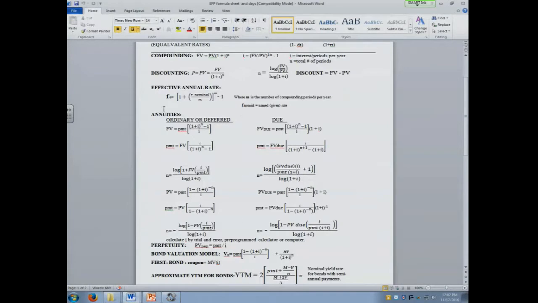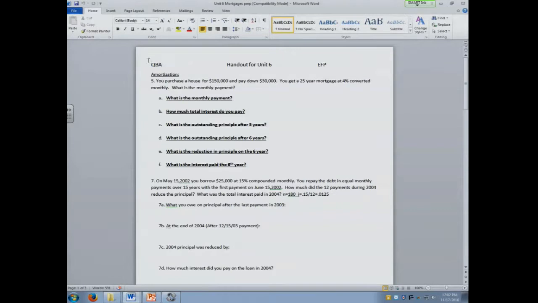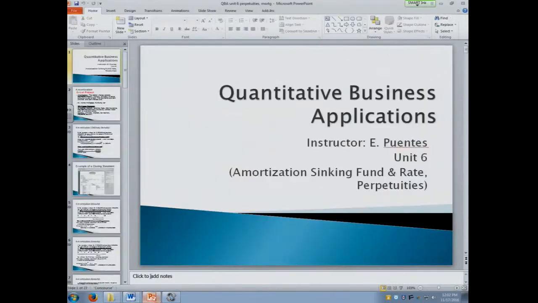Since we're doing mortgages, and mortgages are ordinary annuals, we will be using the left-hand column of formulas. And your handout looks like this. QBA handout for Unit 6, my initials, and amortization. So make sure you have the correct handout. So we're going to go over to the PowerPoints.